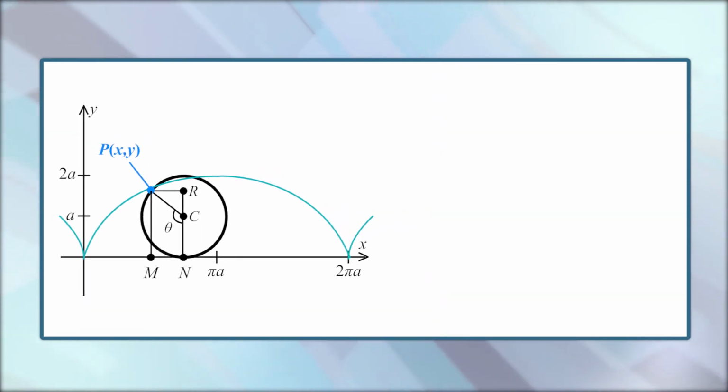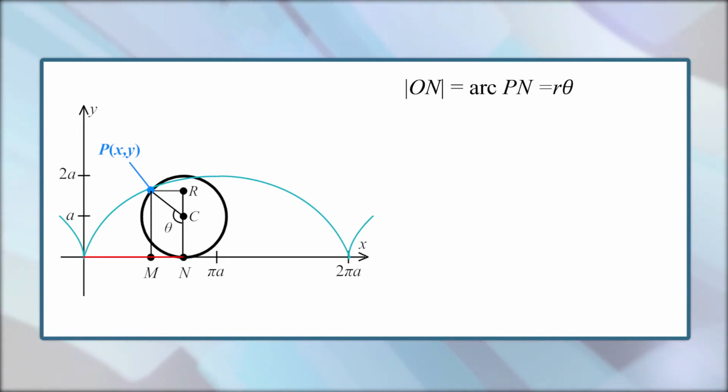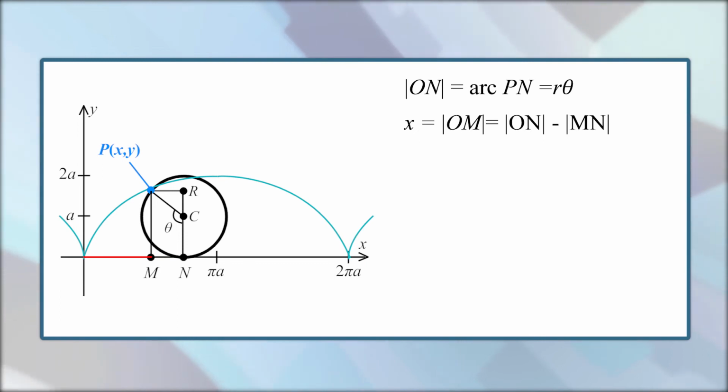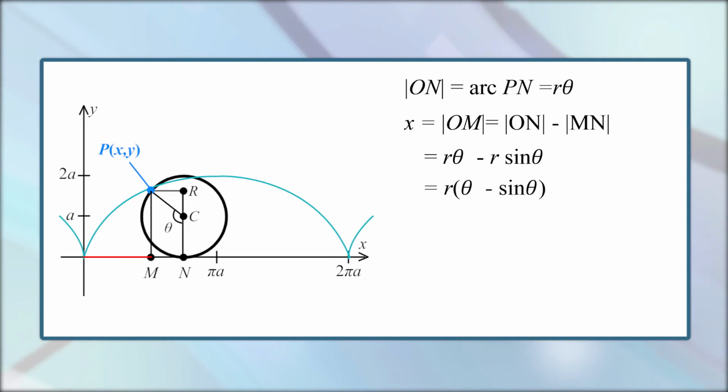Since the length of ON equals the arc of PN and equals r theta, then x equals the length of OM, which equals the length of ON minus the length of MN, which equals r theta minus r sine theta, which is r times theta minus sine theta.